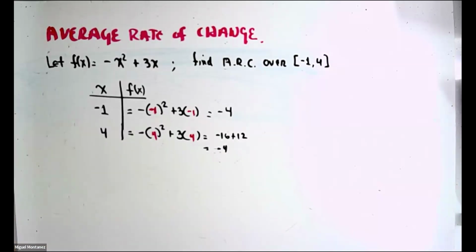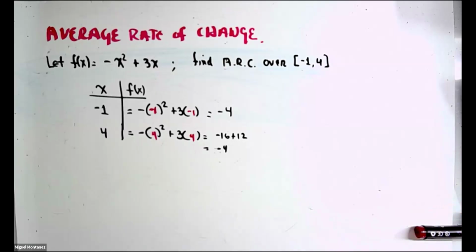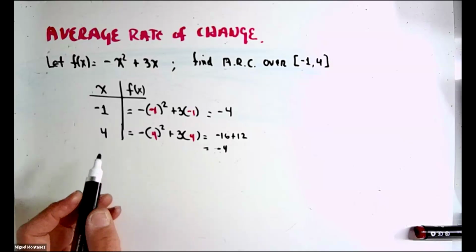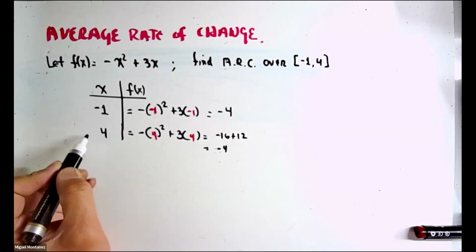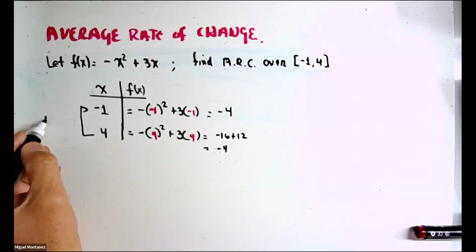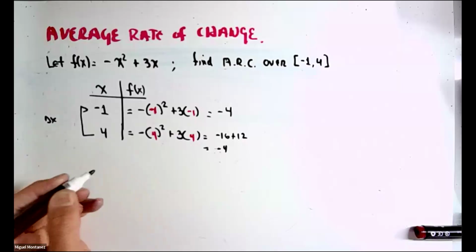Okay, so what do we have here? Let me make sure I wrote this properly. What's the change in x? It will be delta x. So let me just do it properly.